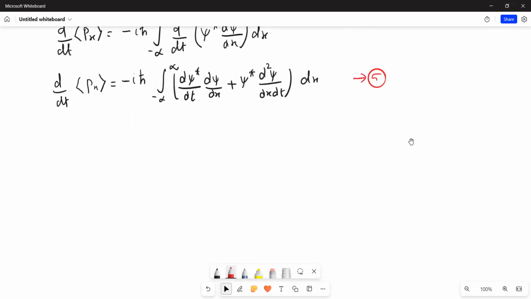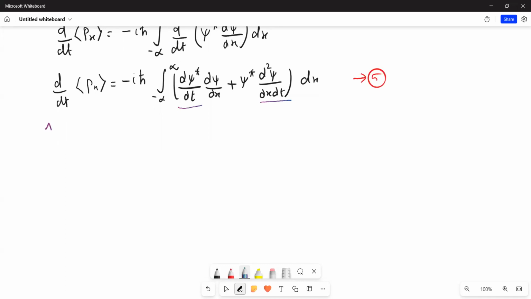So here we need to think about one point, means we need to get the expanded value for dou psi star by dou t and dou square psi by dou x dou t. For these two, we need to get the value from the time dependent Schrodinger wave equation.